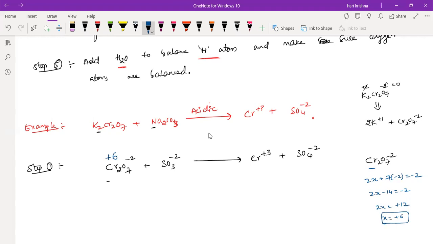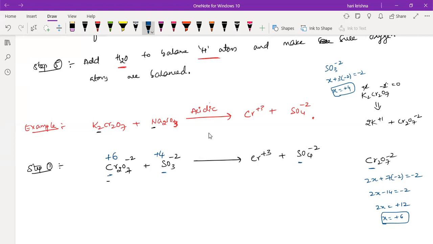What about the sulfur? In the case of SO3 minus 2, what is the oxidation state? x plus 3 into minus 2 equal to minus 2. So x equal to plus 4. Sulfur will show here plus 4. Then chromium plus 3.